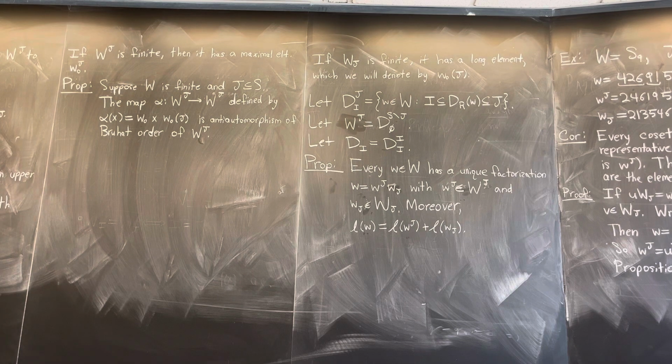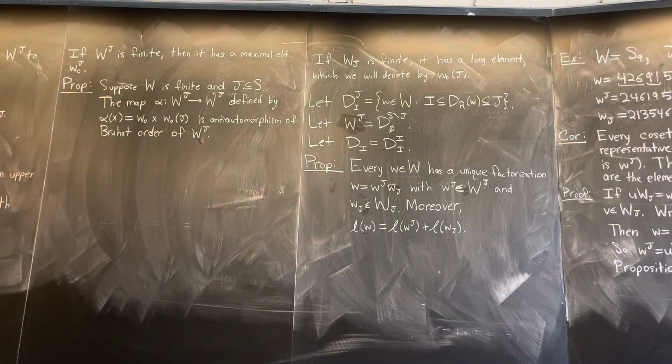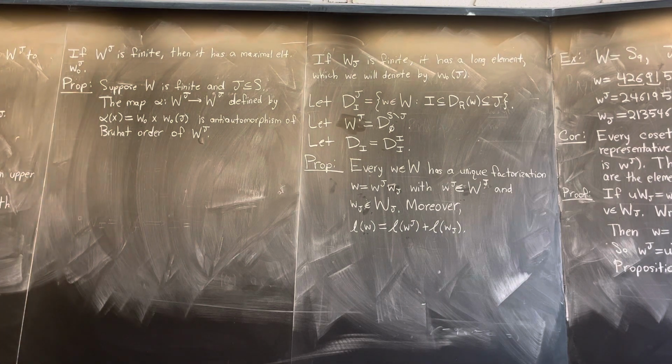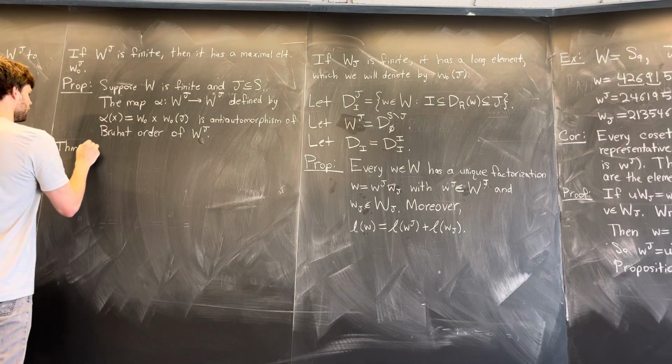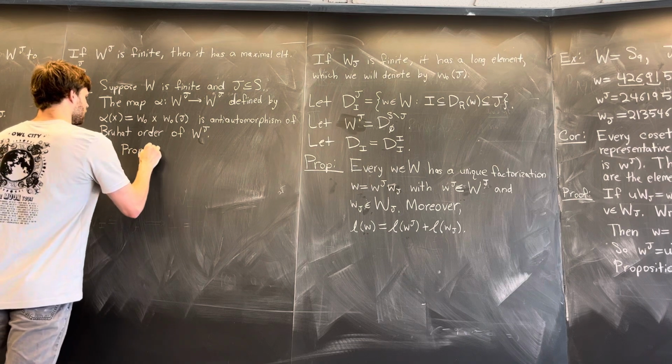Okay, and then I think the last thing I'll just mention, so I'm sort of just stating things, I'm not going through the proofs of this, but I'll just state one more thing, which is that this chain property is also true in the parabolic quotient, which means that this poset is graded. So, theorem, this is the chain property but for parabolic quotients.